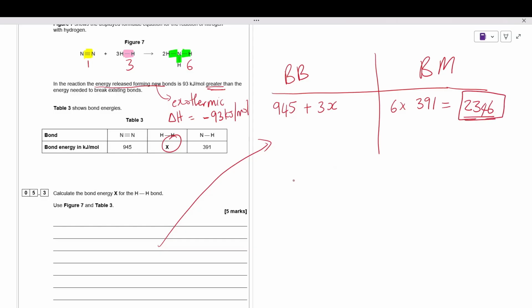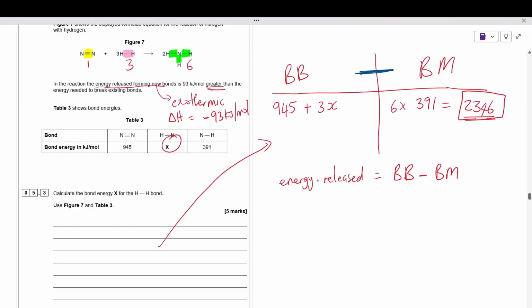So in order for me to find my energy released, that's going to be equal to my bonds broken minus my bonds made. And that's why I set this out as is. So I always remember that it's BB minus BM. So when it comes down to me doing this calculation, I already have it.